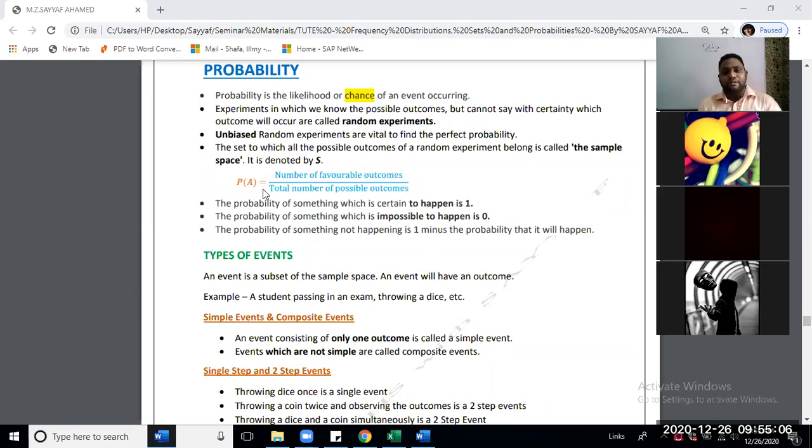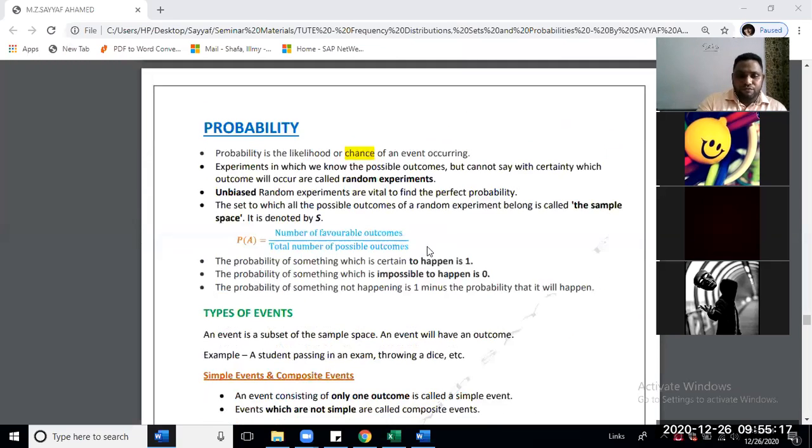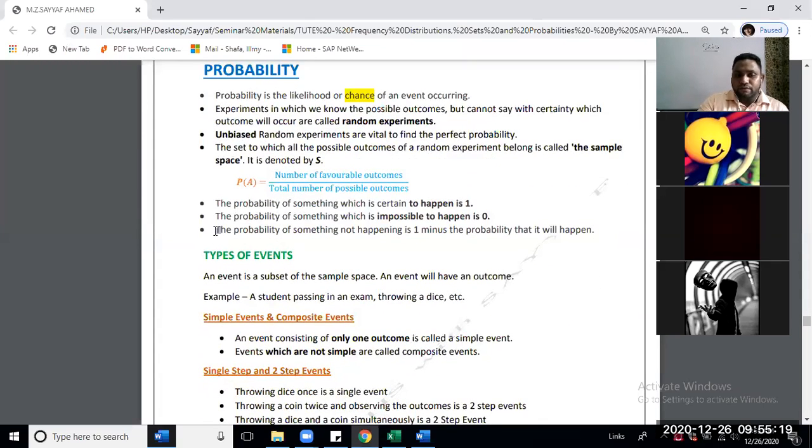So there is a 70% chance of raining, meaning a 30% chance of not raining. You can see the last point over here on page number 15. The probability of something not happening is 1 minus the probability that it will happen. For example, the probability of you passing the O level exam must be 100%. So for someone, if it is 80%, the chance of failing is 20%.